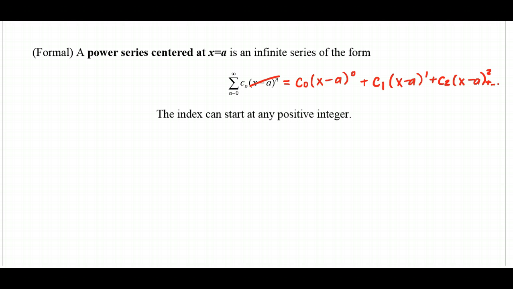The only difference is that when we add the (x minus a) to the n term, the x doesn't go away. I'm not substituting in this n for x, the x is going to stay there. Because remember, I want this to look polynomial-like. And the fact that we chose n equals 0 is arbitrary. The index can start at any positive integer we want.